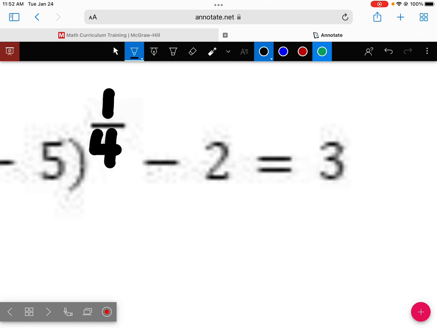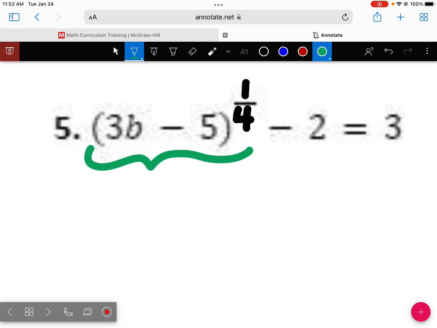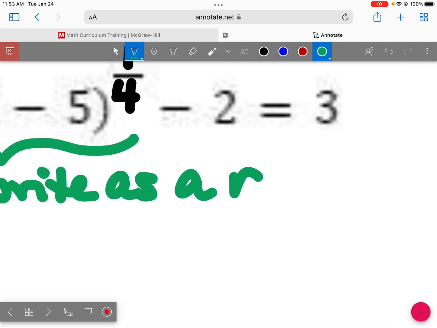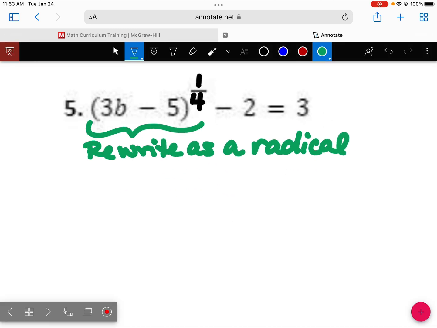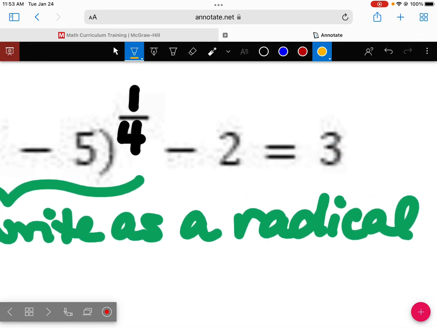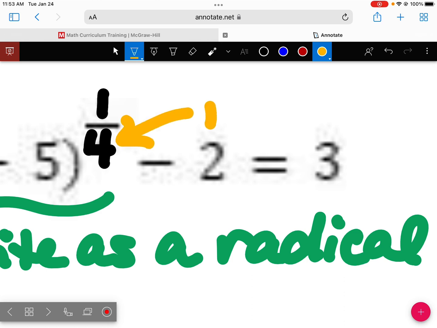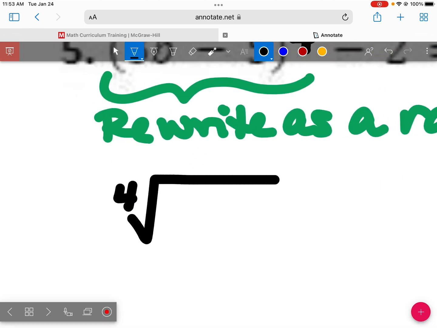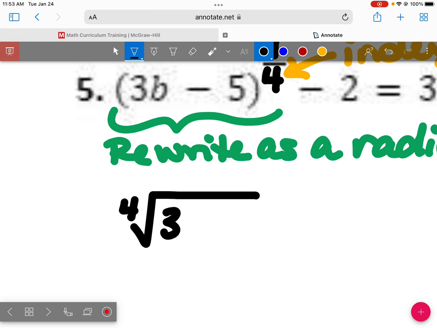How can I rewrite this? We're going to rewrite it as a radical. So what will this look like? The index is 4, so this is going to be a 4th root of 3b minus 5, all to the power of what?